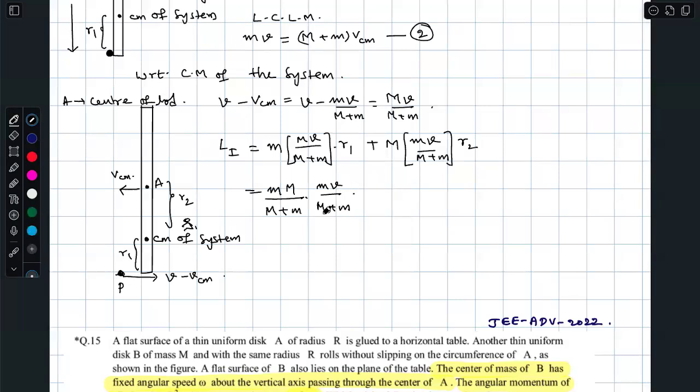What is R1? You already know R1. Capital M by capital M plus small m L by 2 plus capital M. Here, one minute. Why? What made me write this part? MV.